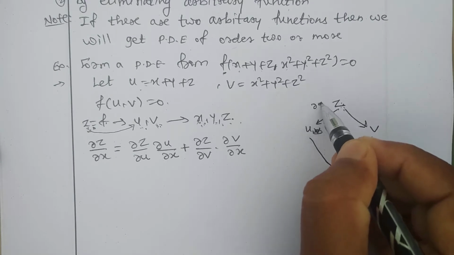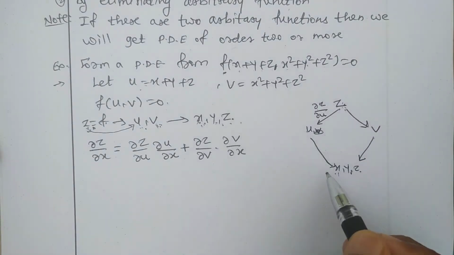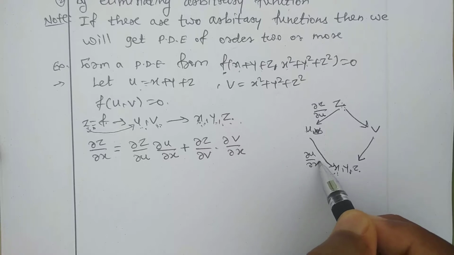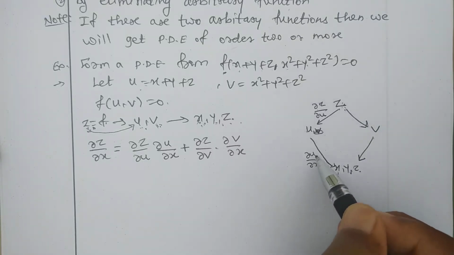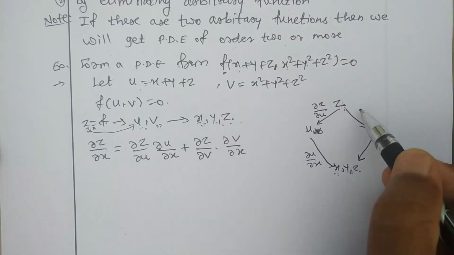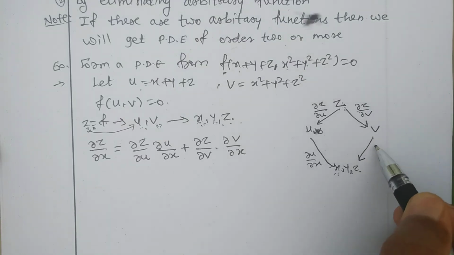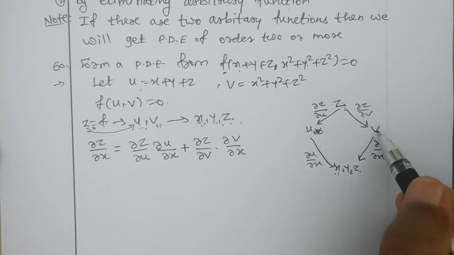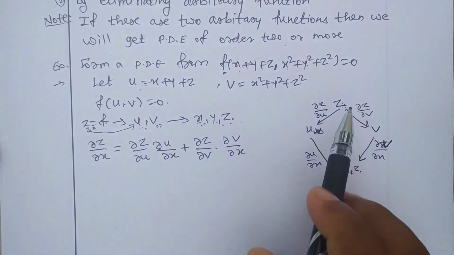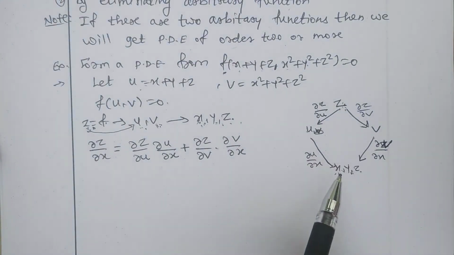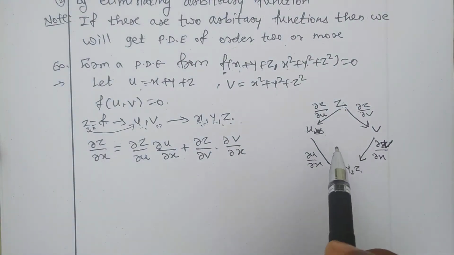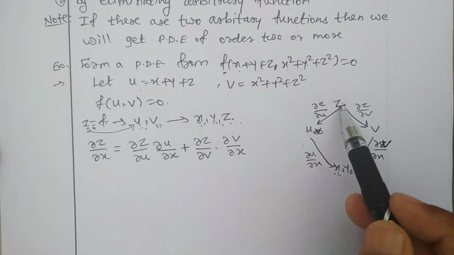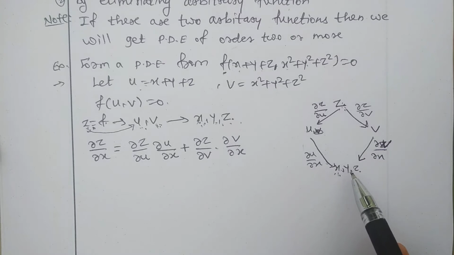This way is nothing but ∂z/∂u, and from there, ∂u/∂x, or ∂u/∂y, or ∂u/∂z. And this way is ∂z/∂v, then ∂v/∂x, or ∂v/∂y, or ∂v/∂z. Now when I want to calculate the derivative of z with respect to x, I have to add both the ways. There are two ways to reach x, this way and this way, so I have to add both the ways.